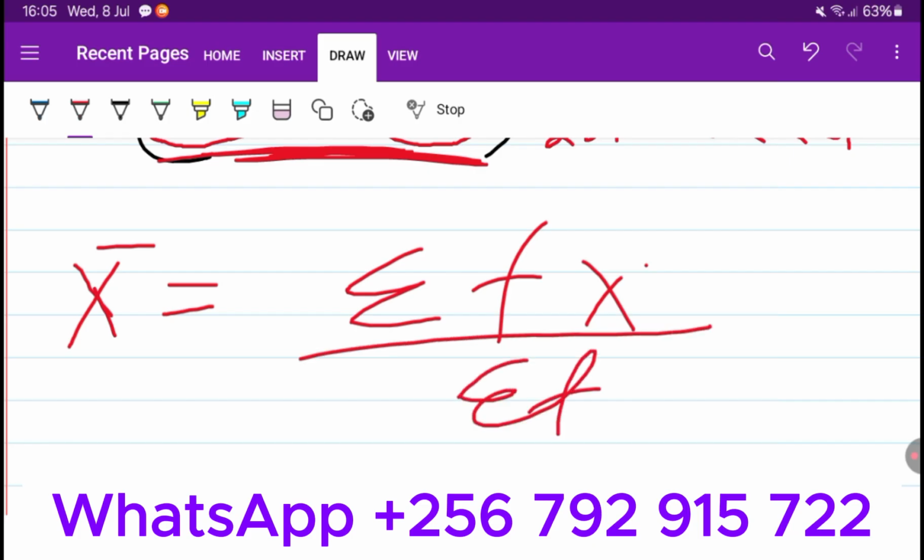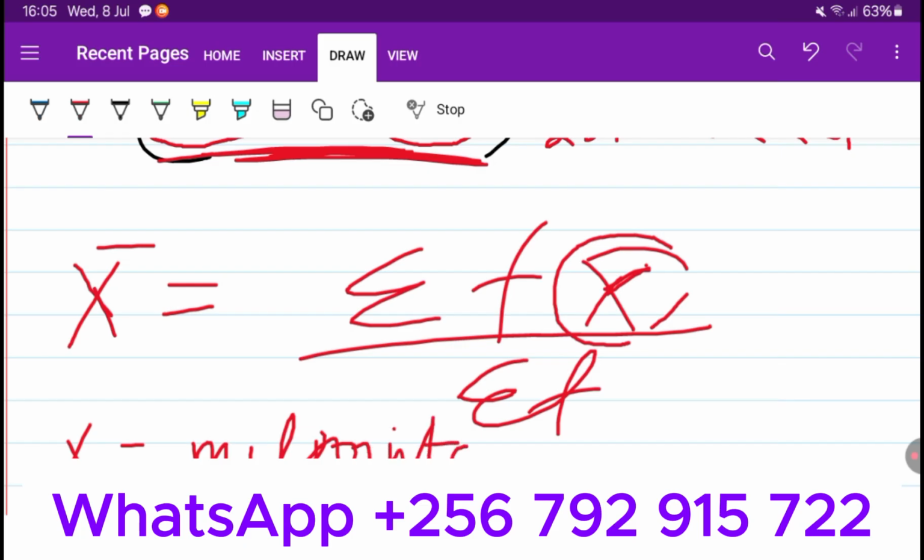Or you can use the assumed mean, any of those, as long as you know that this x here represents the midpoints of each class.